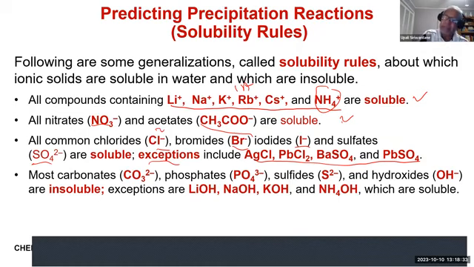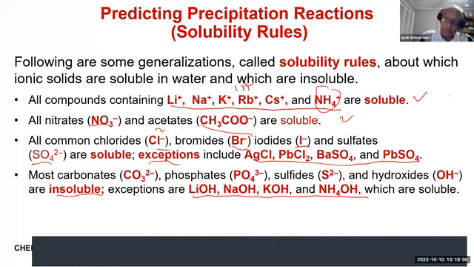Carbonate, phosphate, sulfide, hydroxide are generally insoluble. They are mostly insoluble, except lithium hydroxide, ammonium hydroxide. You have to be careful. Carbonates are generally insoluble except lithium, sodium, potassium, rubidium, cesium, ammonium.